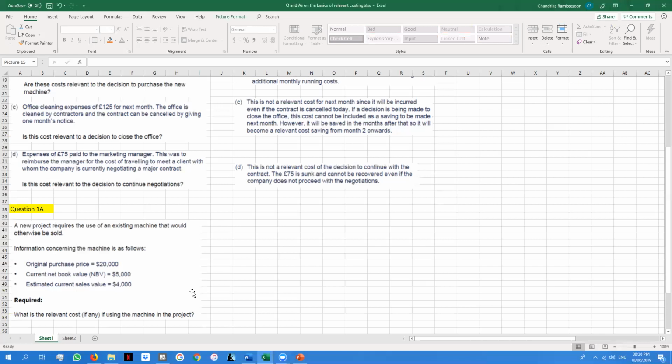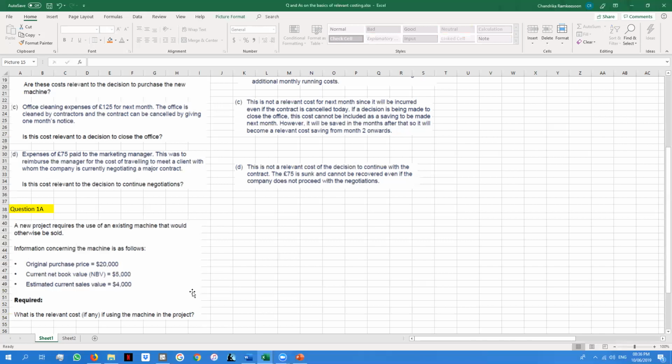From a management accountant, i.e. decision-making, point of view, neither the 20 nor the 5 is relevant. The only thing relevant there is the 4. Now let's see why. The $20,000, as I said a few minutes ago, is a sunk cost. Whatever you decide to do today can't bring that back. In order to arrive at the 5,000, depreciation of 15,000 would have been charged to date.